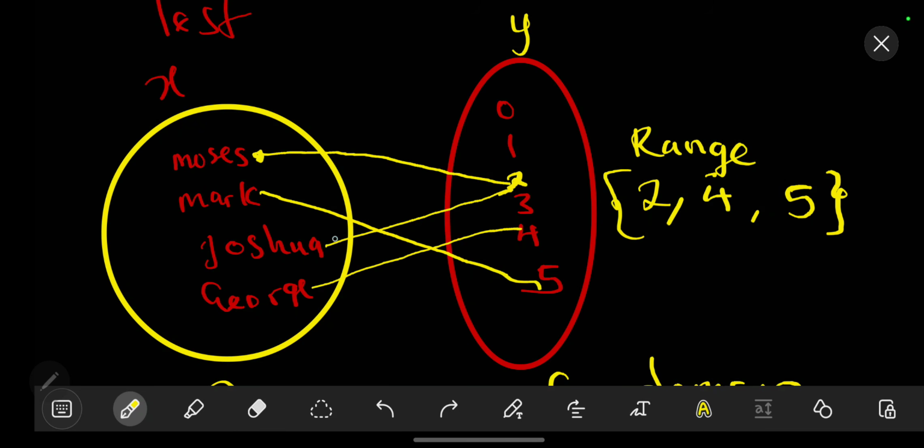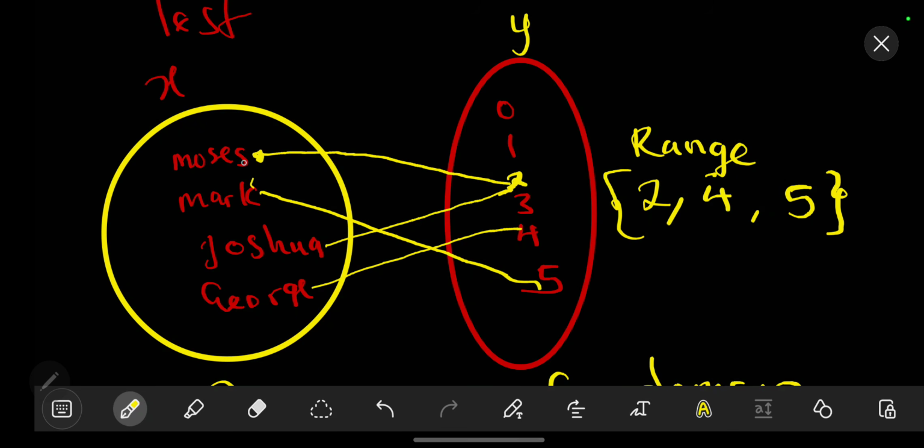Now it is possible that Joshua and Moses got the same score, so they both got a 2. That one is allowed because 2 inputs, or maybe even 3 or more, can get the same result. So this one is a function in the sense that each one has just one element.